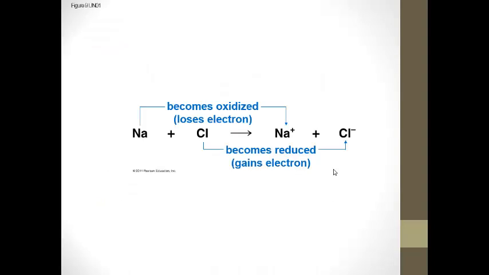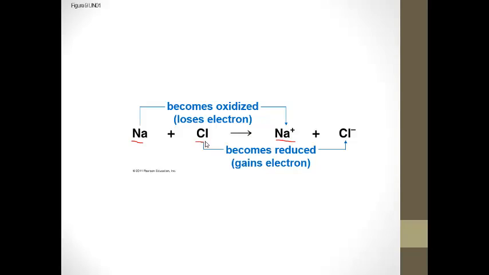Here we see an example of a redox reaction. Here you see the reaction that takes place between sodium and chlorine in order to make sodium chloride. Sodium is going to get oxidized. It's going to lose an electron, which is why it goes from sodium to a sodium ion, Na+. It's lost an electron.